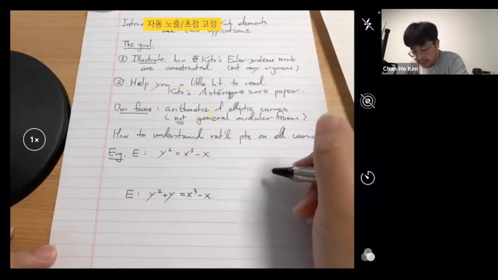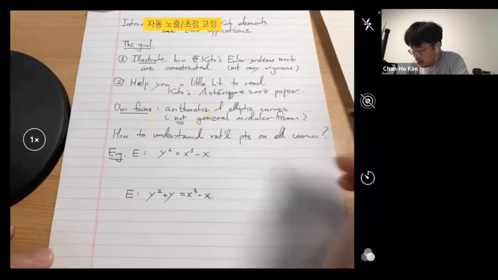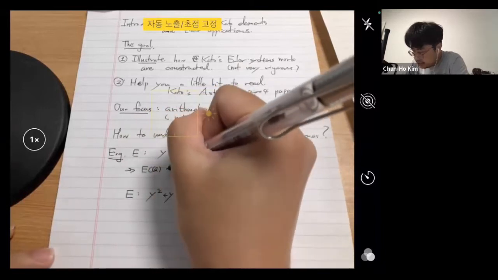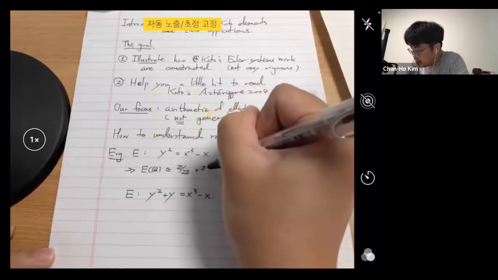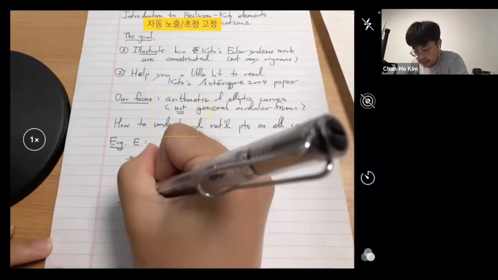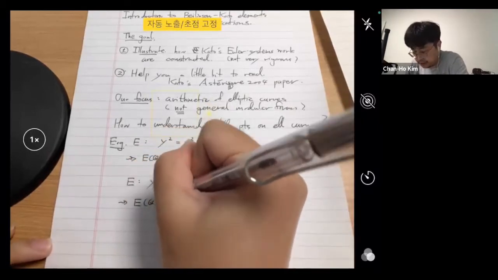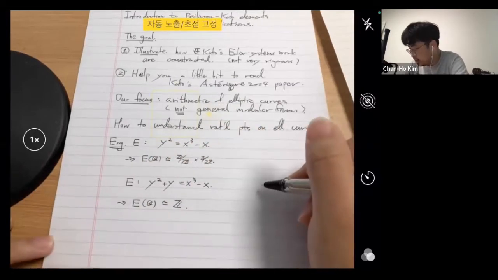Then it turns out that the first elliptic curve has the following structure. Its rational points are isomorphic to Z mod 2Z times Z mod 2Z. And the second one's behavior is very different. So E of Q is indeed infinite, isomorphic to Z.